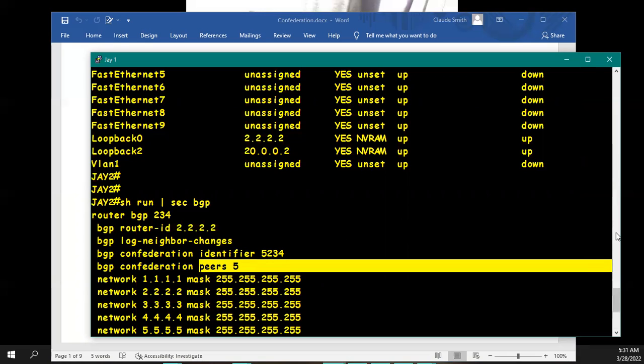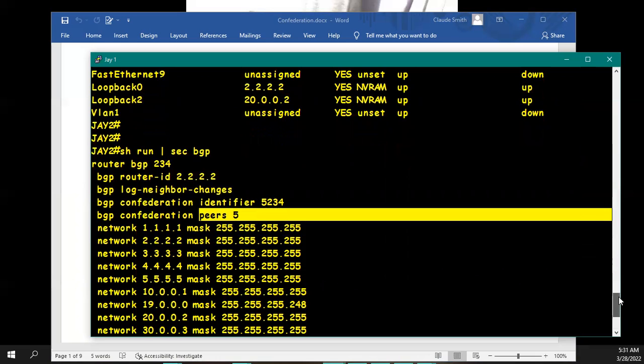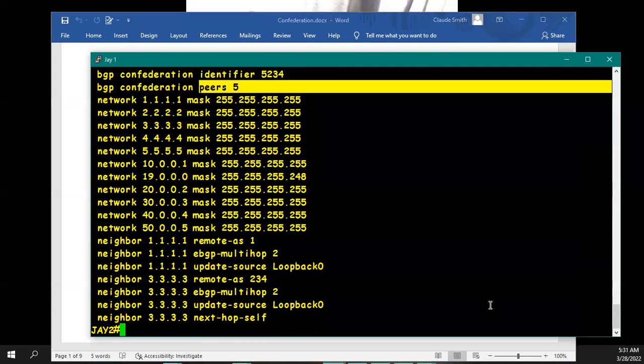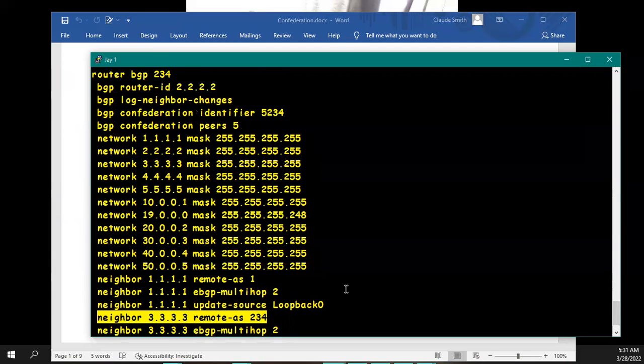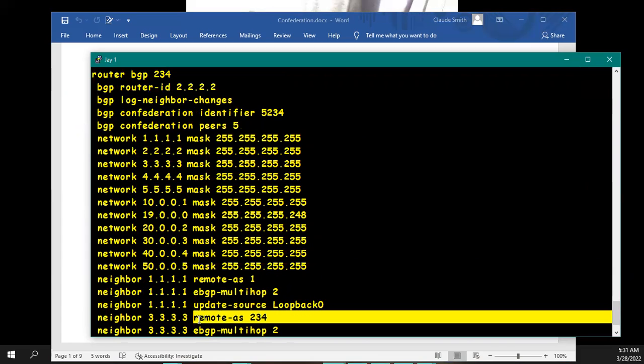Now, as far as the peerings itself, if you're familiar with BGP, that's no different. You can see we have a peering to router number 1, and we have a peering to router number 3 in autonomous system 234. That's what makes that an IBGP peer, sharing the same autonomous system 234 down here for router 3.